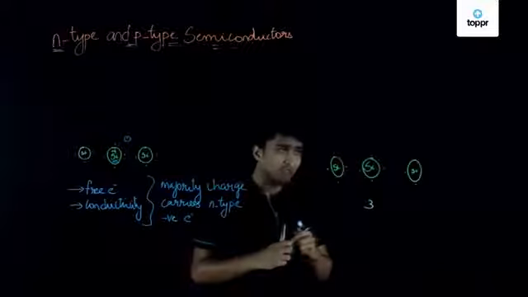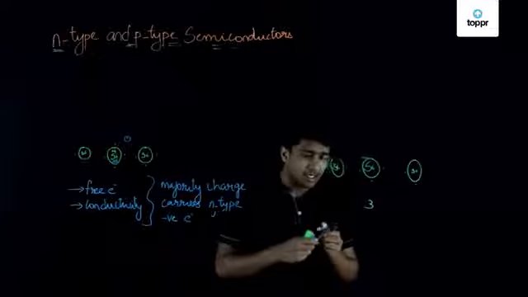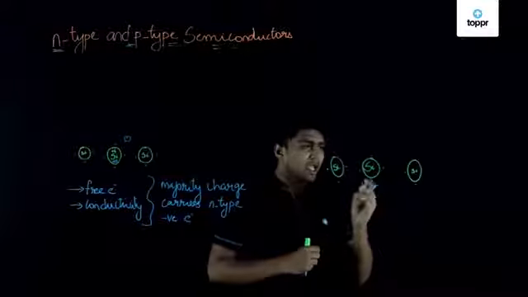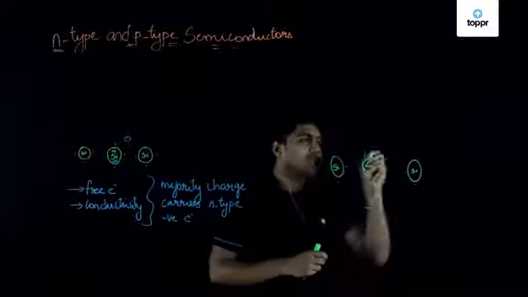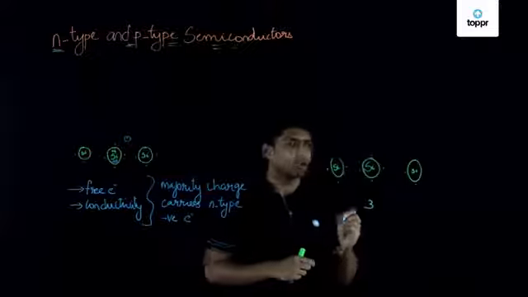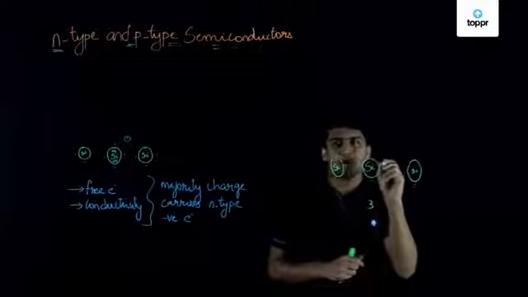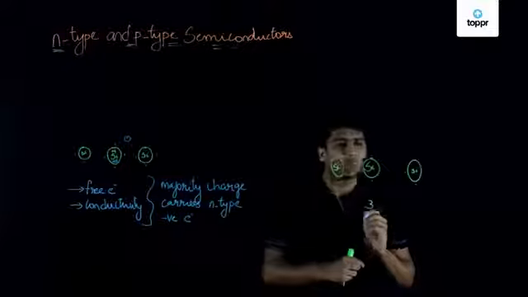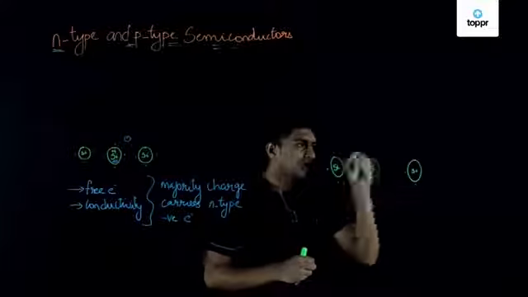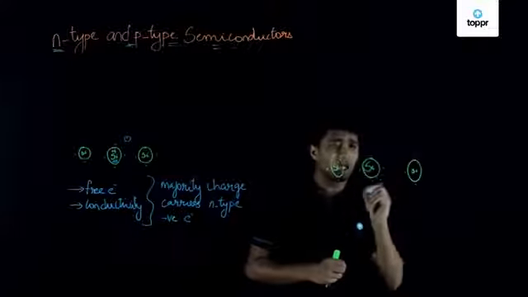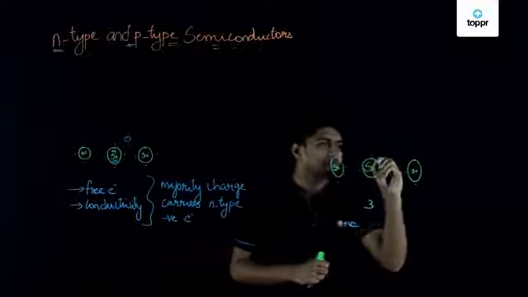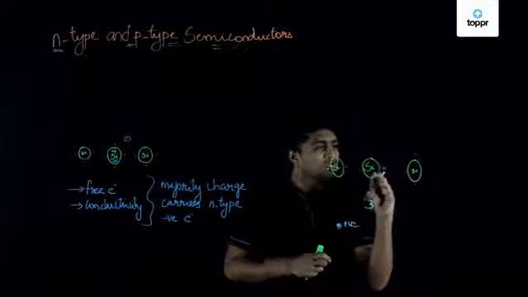Here we can understand the majority charge carriers. The neighboring atoms have 4 electrons, and the place where I have replaced the atom with another impurity has only 3 electrons, which means the majority charge carriers will become positive, because the fourth place becomes empty.